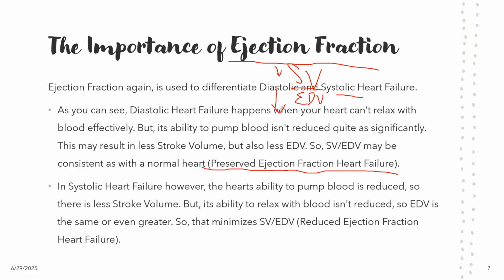In systolic heart failure, however, the heart's ability to pump blood is reduced. So our stroke volume right here would definitely go down a lot. But our diastolic volume, not so much, because the heart's ability to fill with blood won't really go down, or just a teeny bit, or sometimes it may even go up because the heart is enlarged. So if you have a small numerator and a greater denominator, you're going to get a smaller fraction.